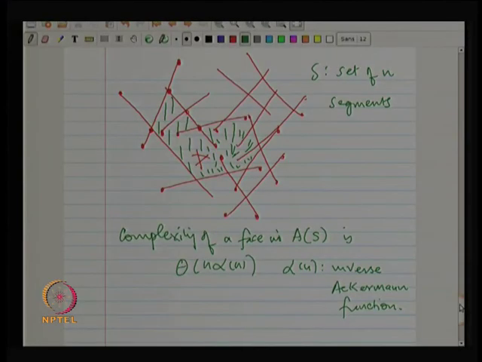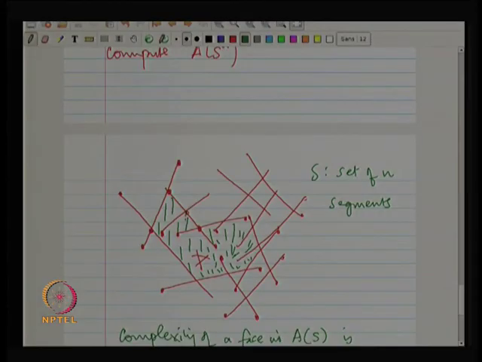Now, the face is so complex, because in the case of lines, the face was a nice convex polygon, easy to represent, and now it is very hard to represent. How do we represent such a face? A common way of doing it is, I believe you have seen, trapezoidal decomposition. What you do is you take every vertex on the face and you draw a line until it hits another line segment.